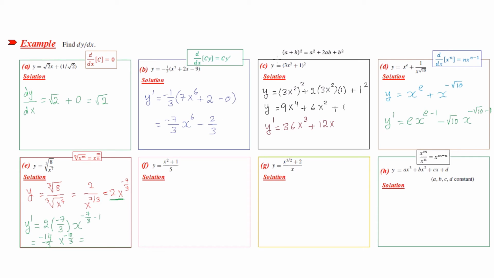So we have minus 14 divided by 3 multiplied by cube root of x to the power 10. And this is the final answer of part E.